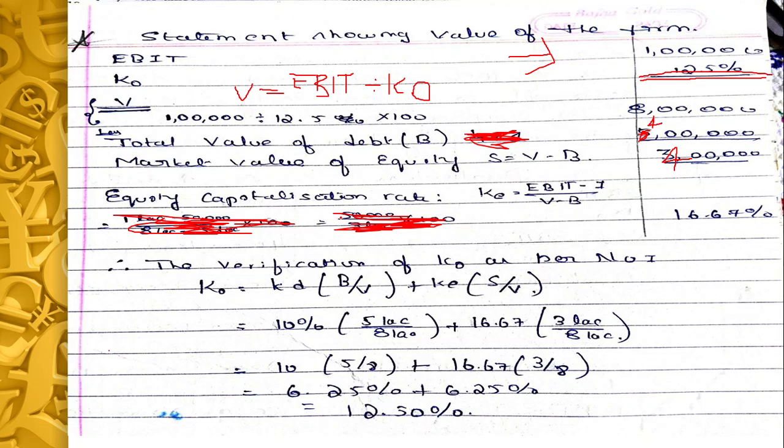It has been given. That directly you can put. Otherwise, V minus B is the same thing you did here. 8 minus 4 is 4 lakhs. This can be this or, yes. Okay. So, what is EBIT? 1 lakh minus interest. What is interest?